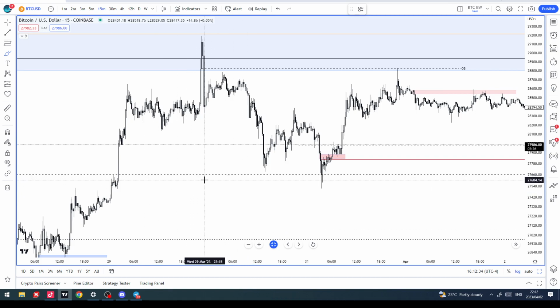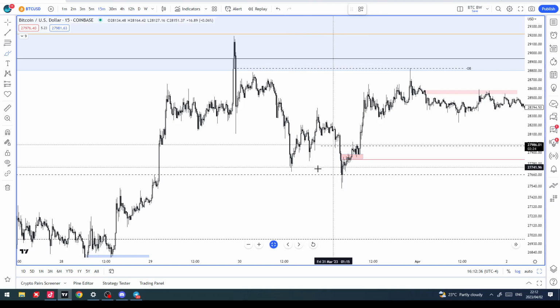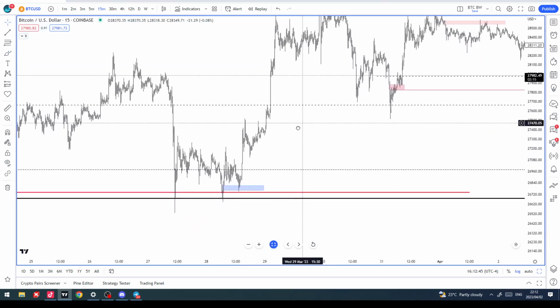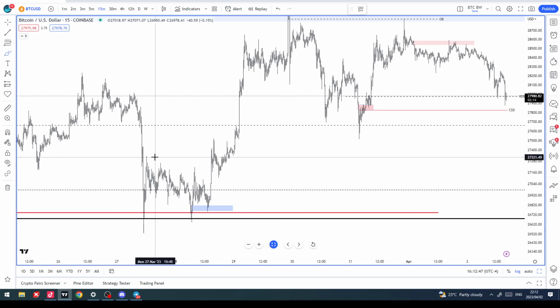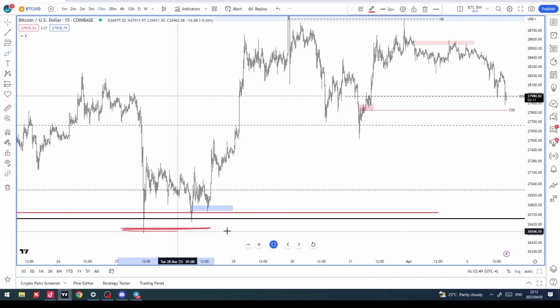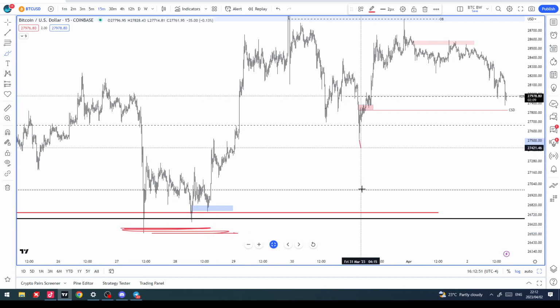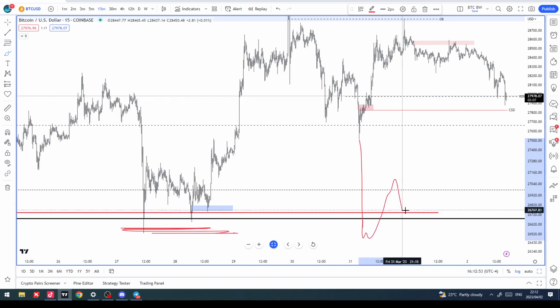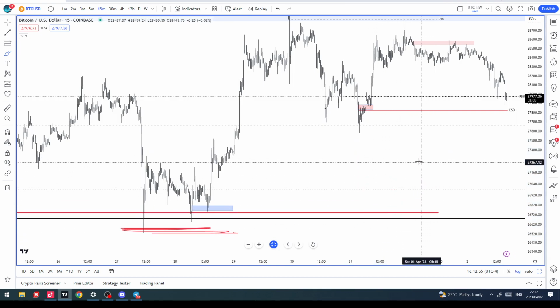I can't expect a full-blown reversal here if there's no huge liquidity pool to take liquidity from. If it maybe took down here and then gave me CSD and the models are there, yeah, I'd expect a reversal.